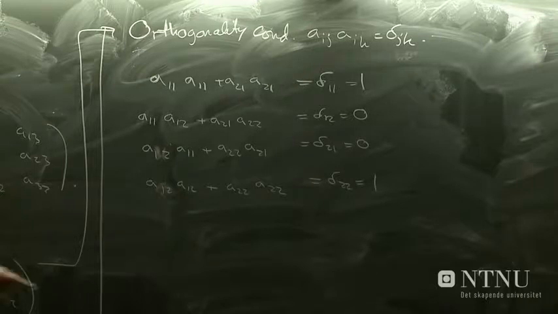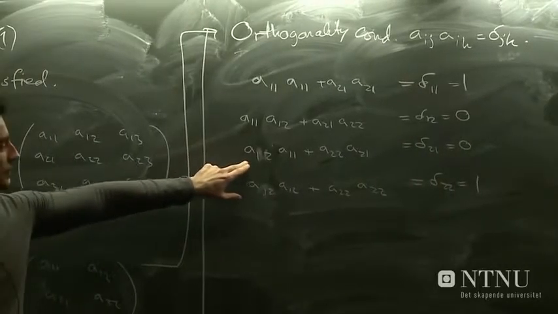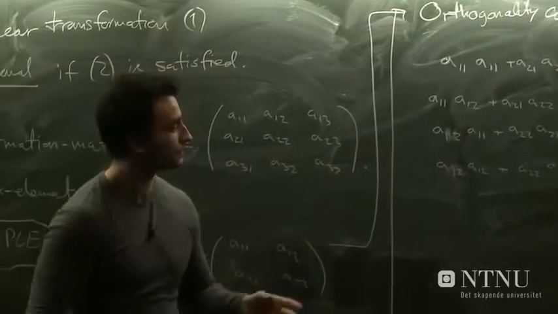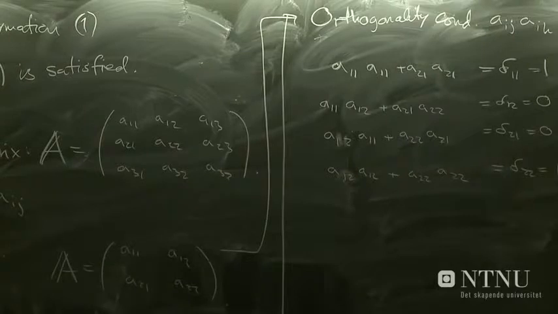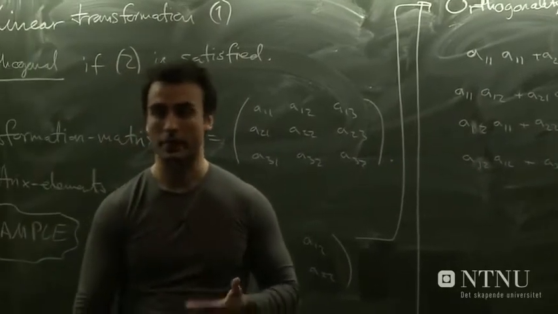That's entirely correct. But you see, these 2 equations are identical. These are scalars, so the order is not important, they commute. So in fact, we only have 3 normalization orthogonality conditions. And in the same way, you can show that 3 of these are equal in 3D, so you have 6 there.